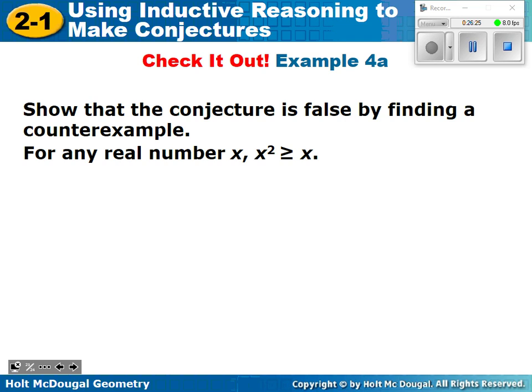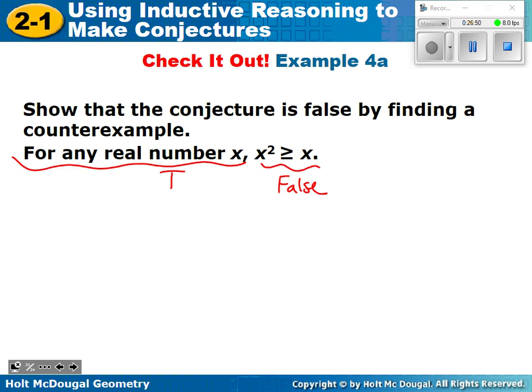Okay, last one we're going to do. Because I gave you the answer to the very bottom one already, because I forgot to delete the picture. So, it's there for you, okay? So we're going to do this one. Show that the conjecture is false again by finding a counterexample. So go ahead, see if you can come up with, first part has to be true, second part needs to be false.